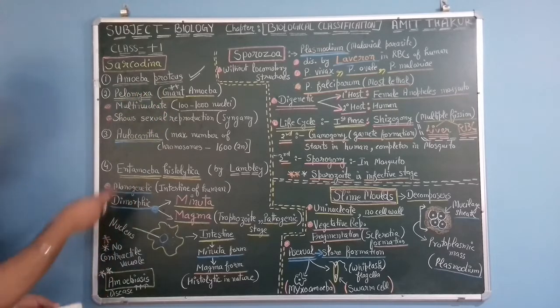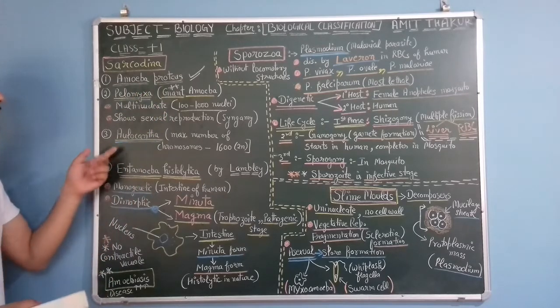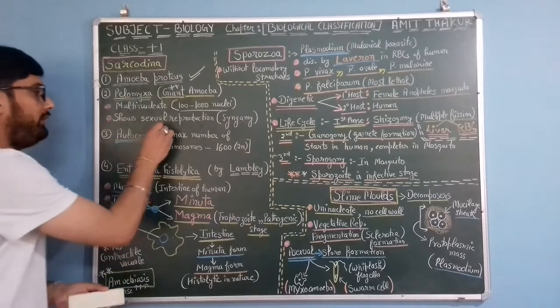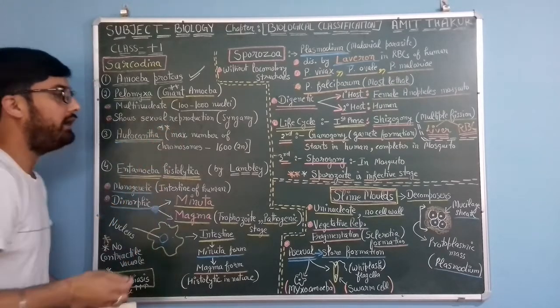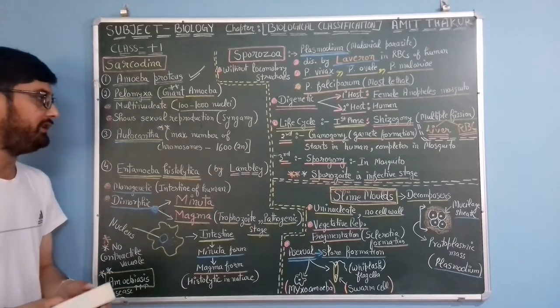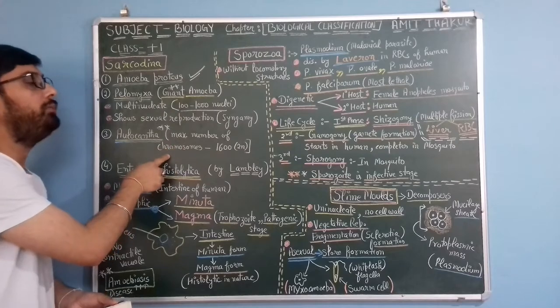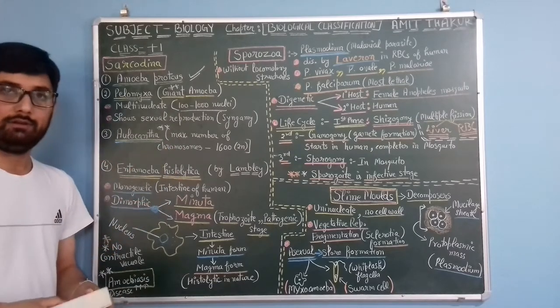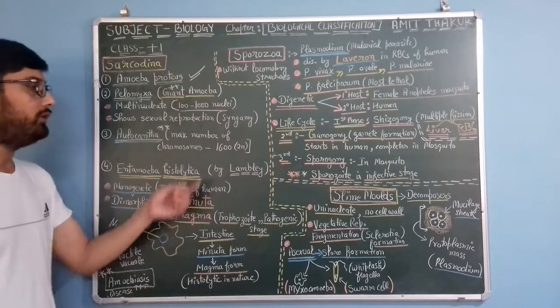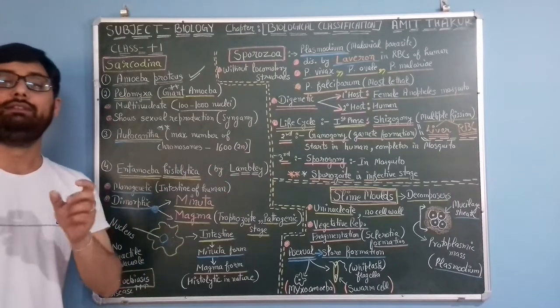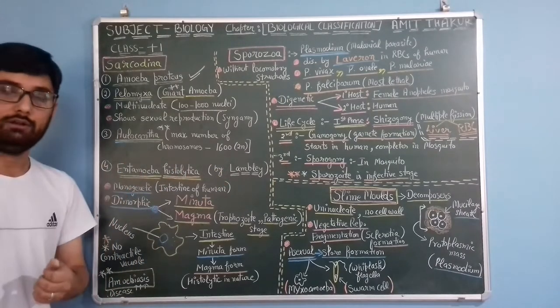The third one is Olocantha, a very important point that has been asked many times in competitive examinations. Olocantha has the maximum number of chromosomes in a cell, in a diploid cell you can say. So 1600 chromosomes are present in a cell of Olocantha.